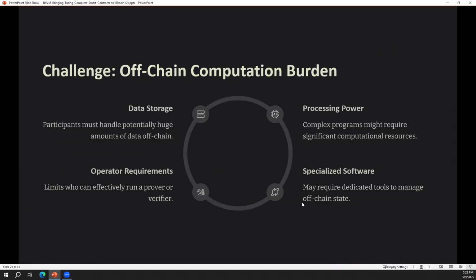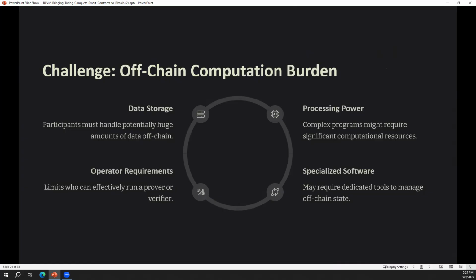So we have another challenge, which is the off-chain computation burden. BitVM achieves minimal on-chain usage by pushing computation and data storage off-chain, but this implies a burden on the participating parties. They must handle potentially huge amounts of data and computation.